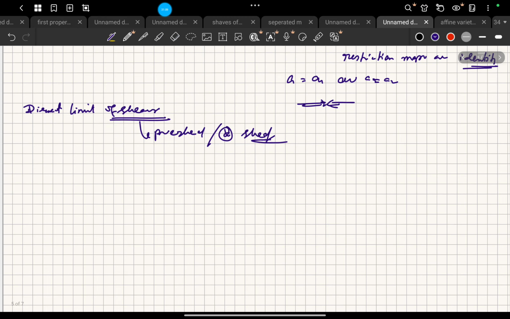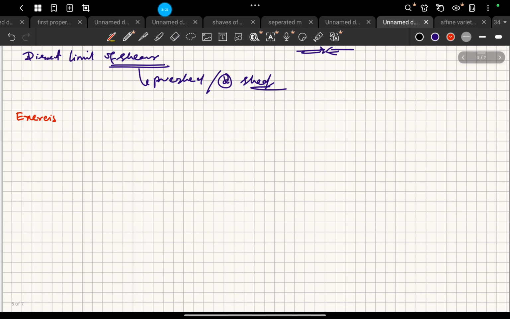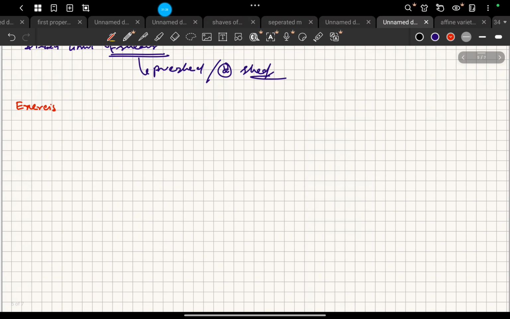So for you, it is an exercise to check whether this is a sheaf or not.